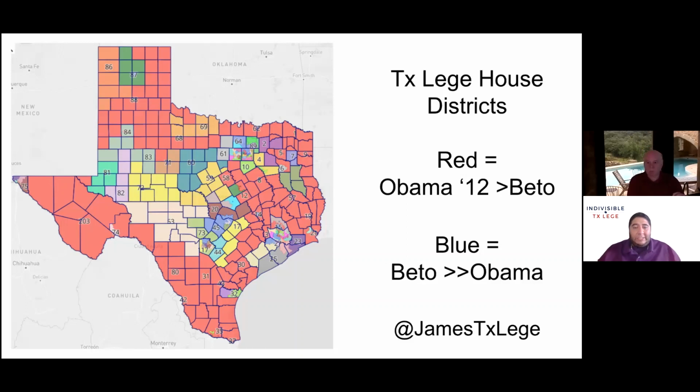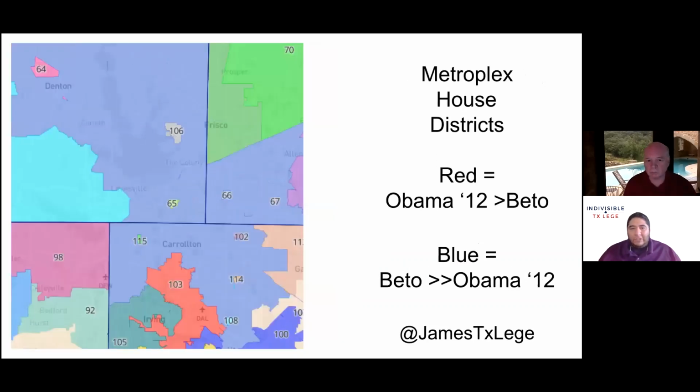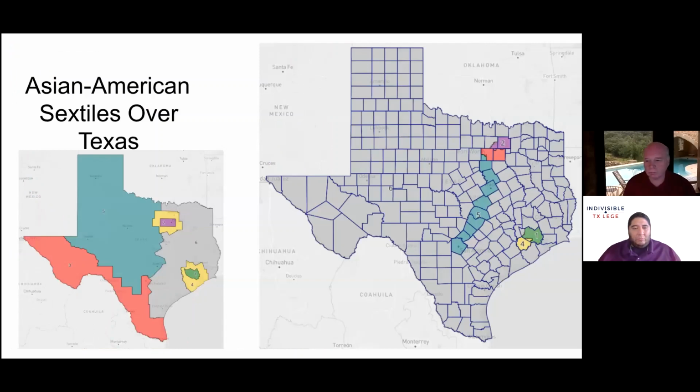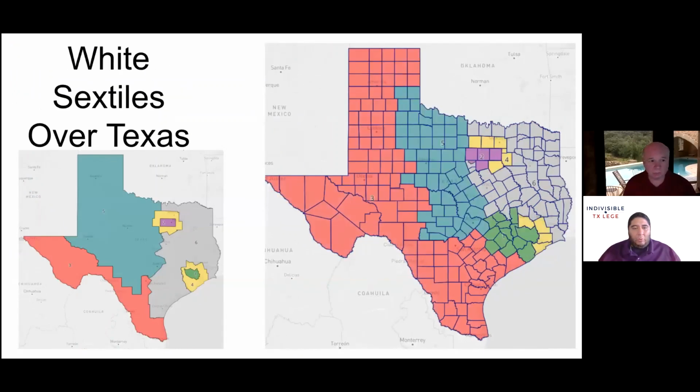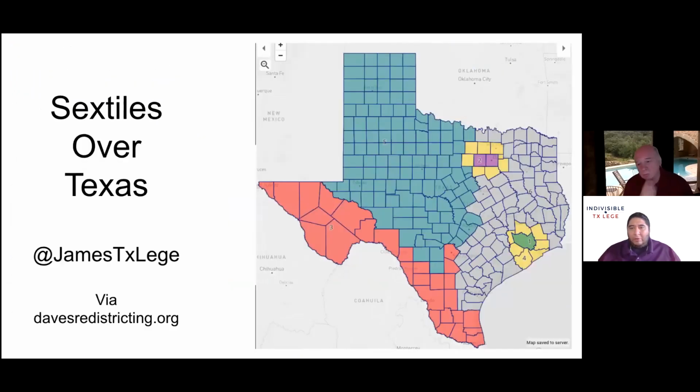I think it's clear that Harris County and Houston as a whole is doing a lot of work for Texas when it comes to not only demographics, but also diversity: Hispanic, Black, Asian Americans within Houston.